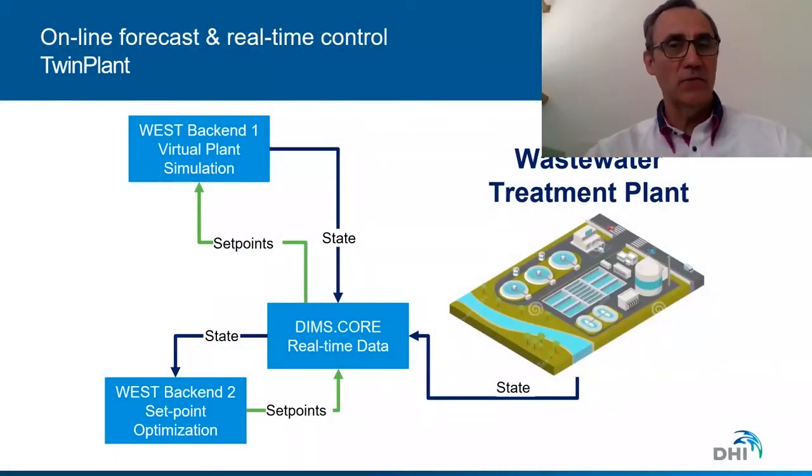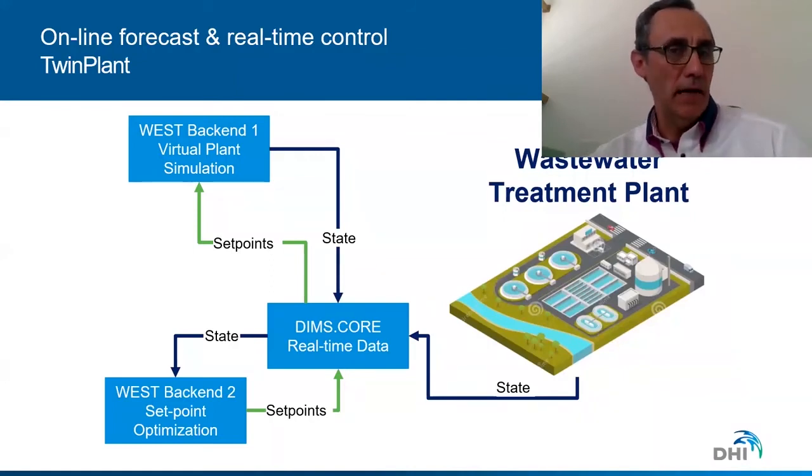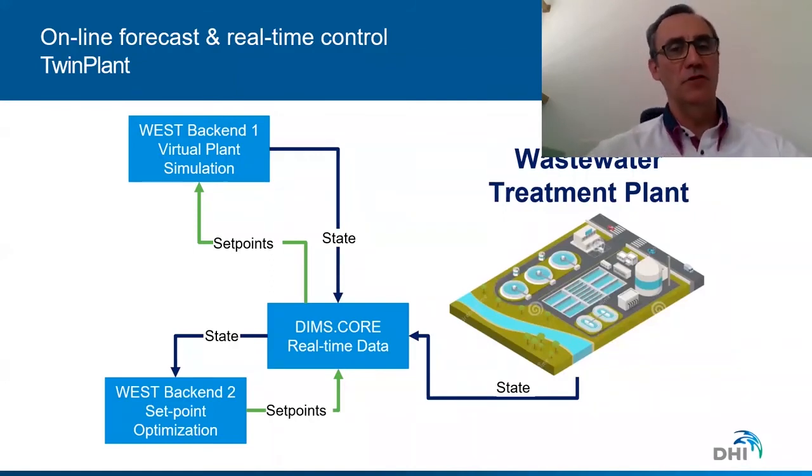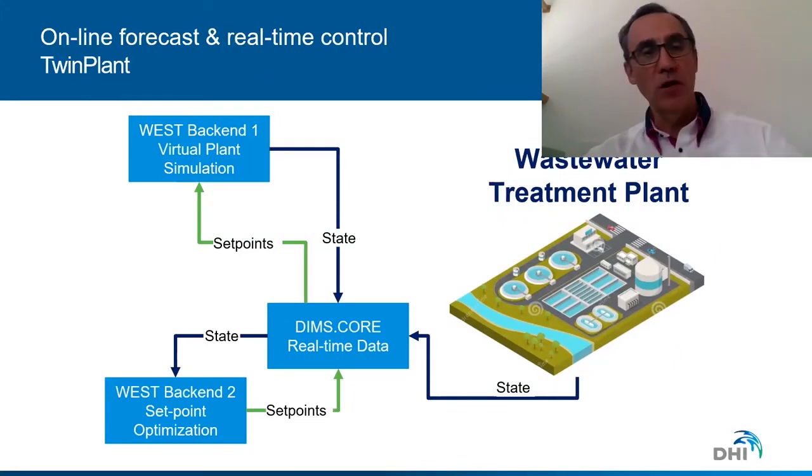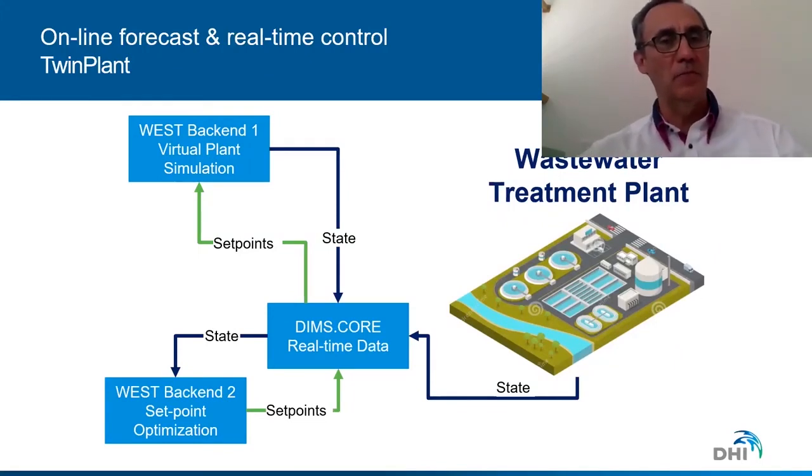Background works like this. There is a wastewater treatment plant on the right side. The current state is pushed through some data acquisition or assimilation tools into either the virtual plant simulation that is updating the state of the treatment plant, and the set point optimization, which are two different kinds of model runs. One is keeping the model up to date.